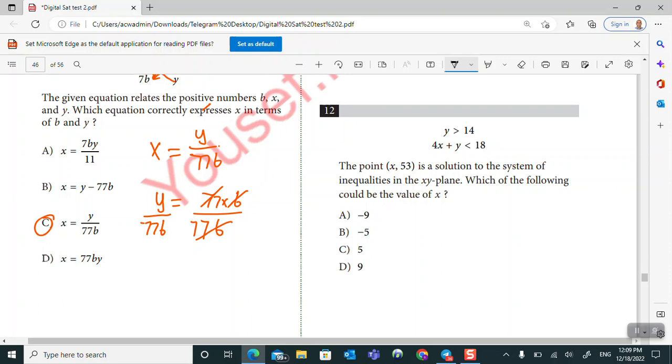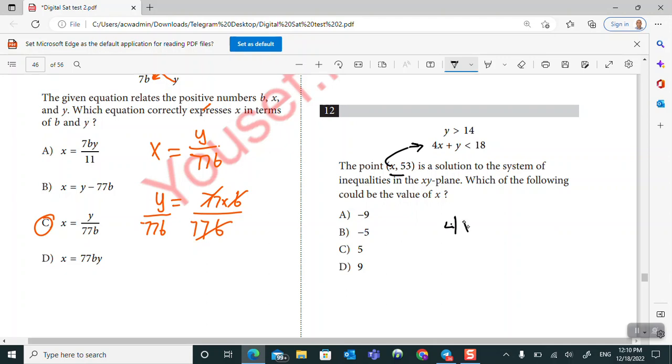Yes. So here we have x plus 53 is the solution to the system of inequalities in the xy plane. All you have to do is substitute this in that inequality and find out which solution can fit the most for x.